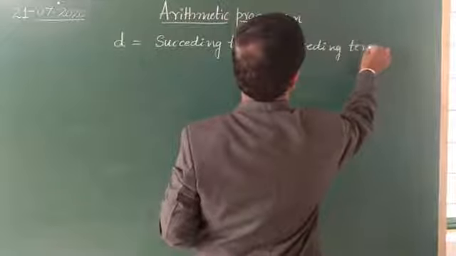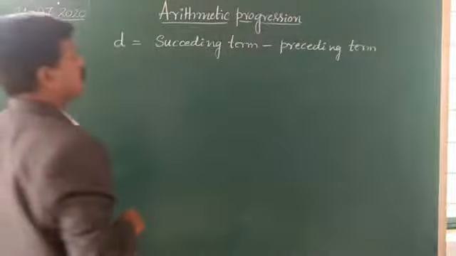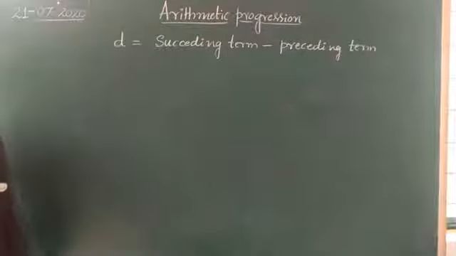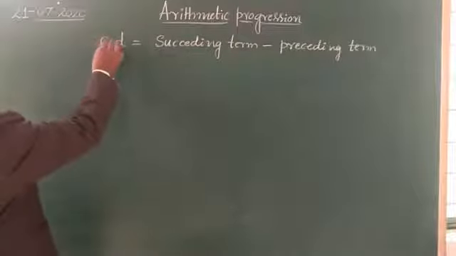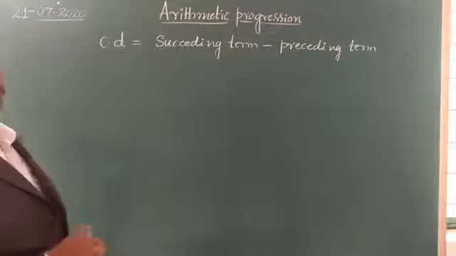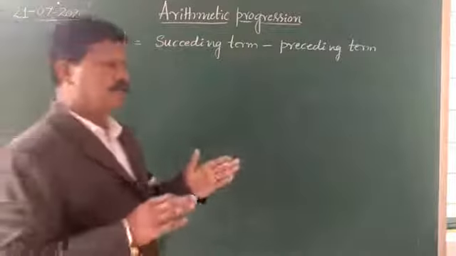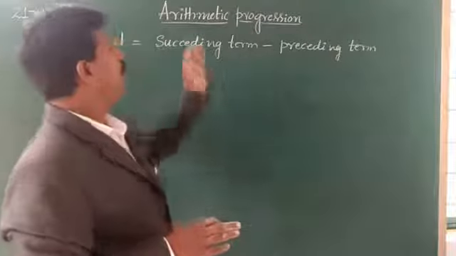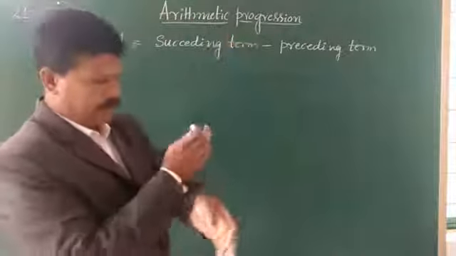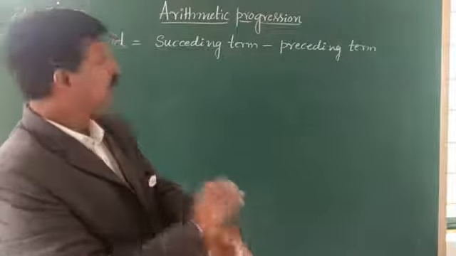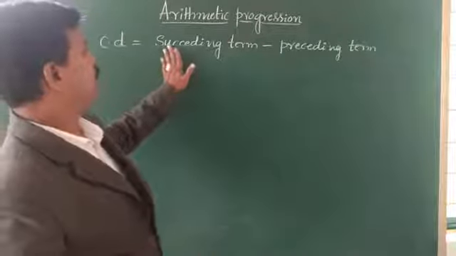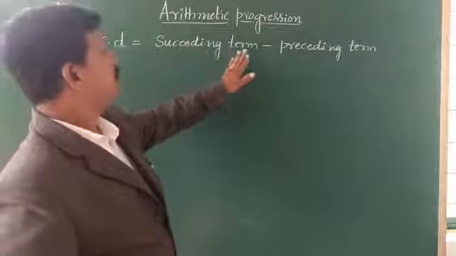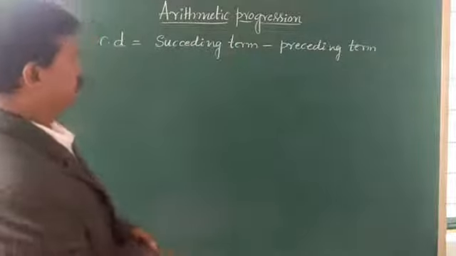To find the arithmetic progression common difference, you can write it as CD, common difference. To say that the given set of numbers is an arithmetic progression, first you should find out the common difference. For that, succeeding term minus preceding term.